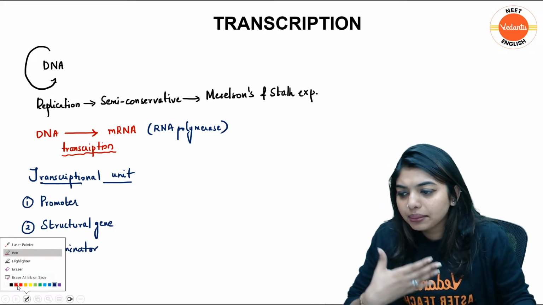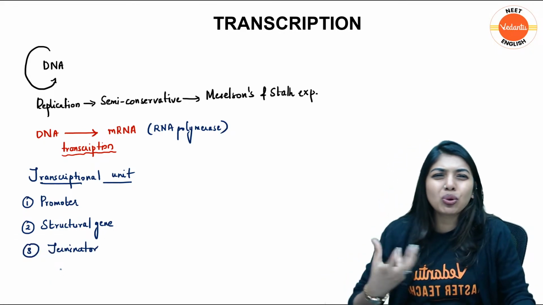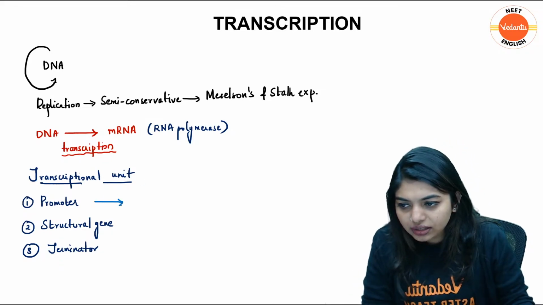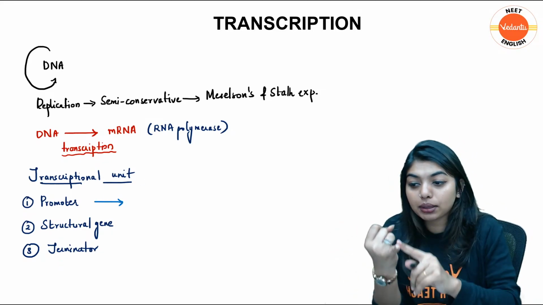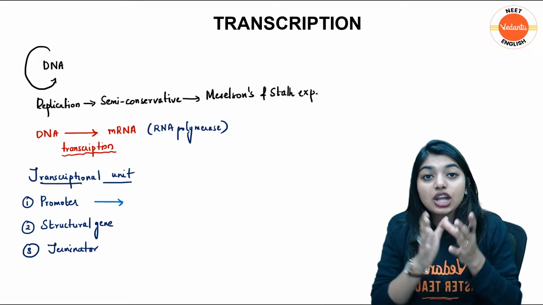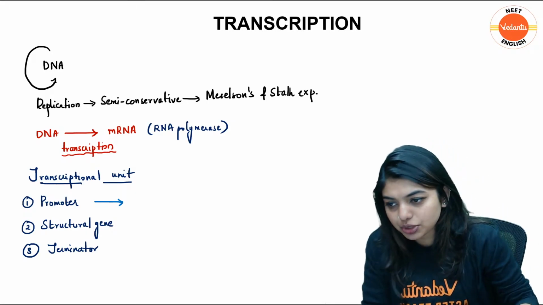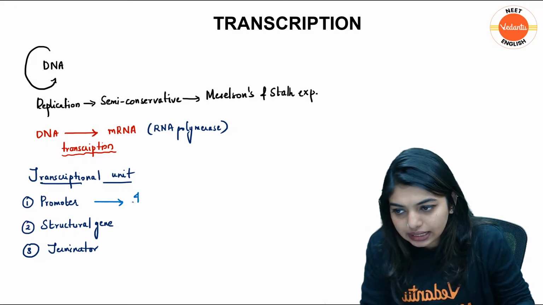From the term itself, you understand promoter: it will promote something, right? This is the transcriptional unit: promoter, structural gene, terminator. Now we are going to understand the processes involved in transcription. In the promoter region, initiation will happen.